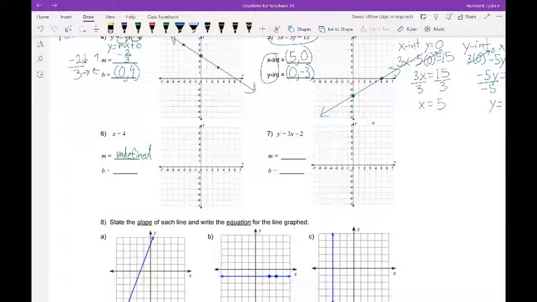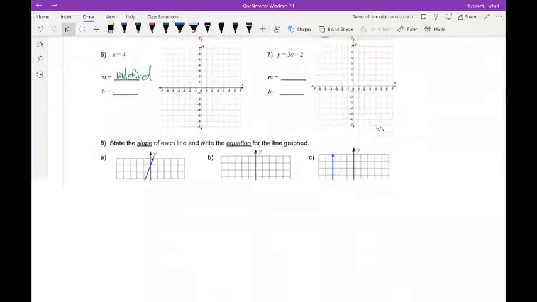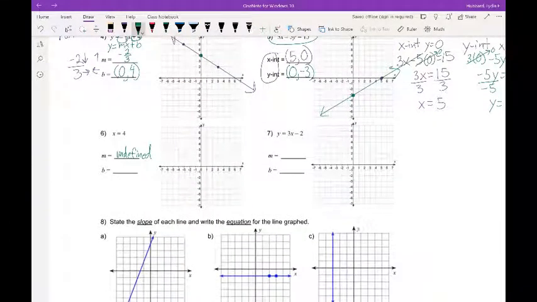And with that being an undefined slope, we kind of have to look at our graph to see if we have an intercept. Because we would only really have an intercept if it was x equals 0. Because if we plotted x equals 4, that is a vertical line through the value of 4. So this is the graph of x equals 4. Okay, so we should see that it's not intersecting that y-axis.